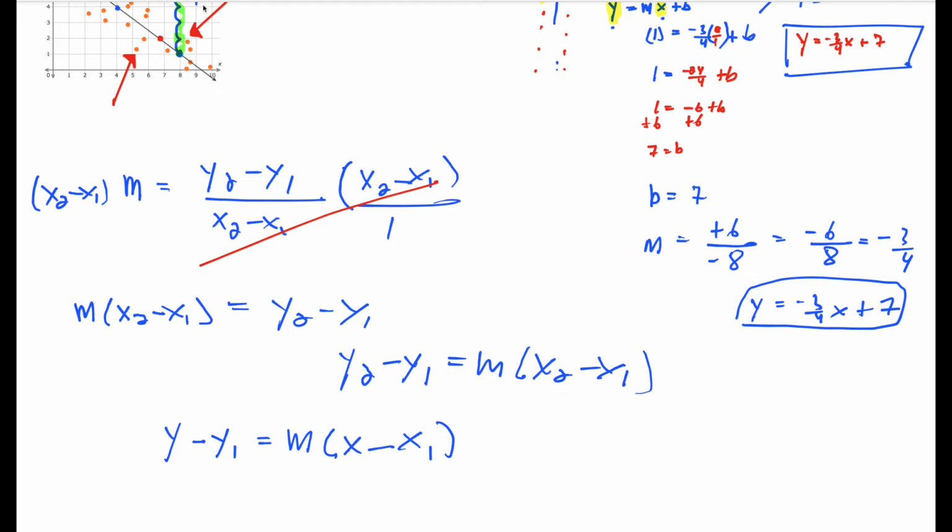Because when you have the 2's here, these represent the second y value of a coordinate. But this guy is generic y, and this is its corresponding generic x. And this is an actual y value, and this is its corresponding x value.